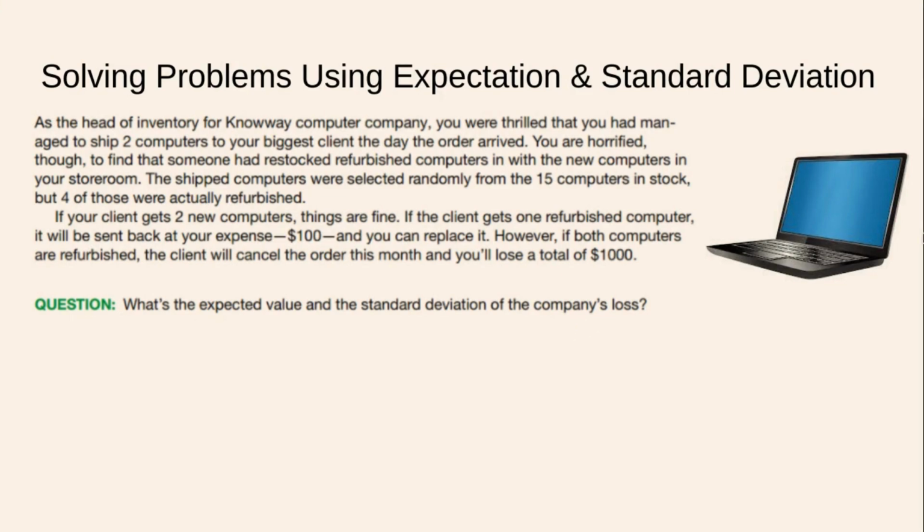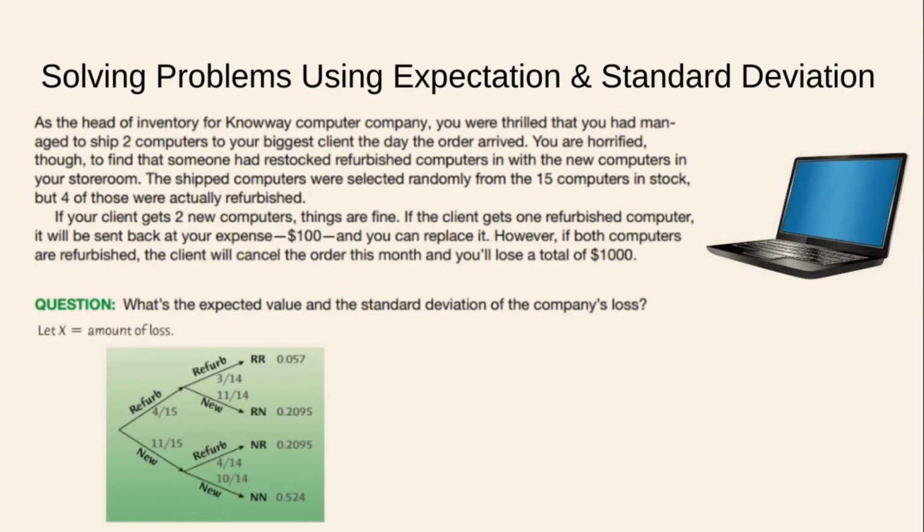Well, to solve this problem, we're going to have to consider all the ways this scenario could go down. So we're going to use a tree diagram. So here is the textbook's tree diagram. We're going to let the random variable x be the amount of loss, right? So in the unfortunate case, we have a refurbished for our first laptop and a refurbished for the second laptop.